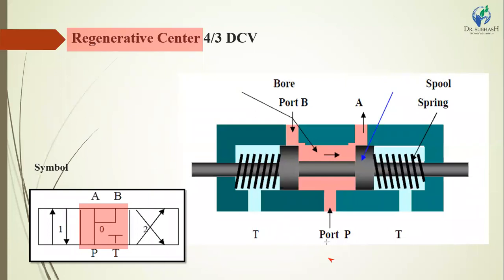The hydraulic oil passes from the hydraulic pump through hydraulic port P. After that, this oil enters the direction control valve.